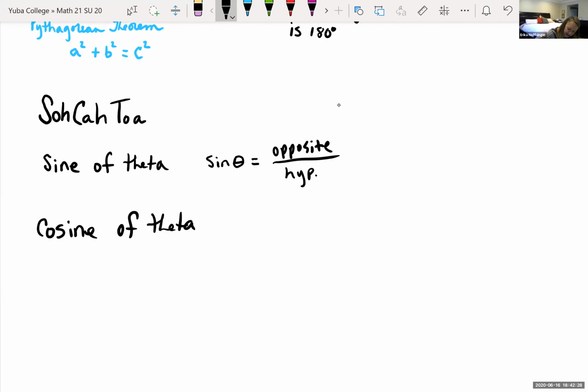Shorthand is cos, and you need to make sure that you put the theta there. If you don't put the theta there, it's technically wrong because it's of an angle. This is equal to the A, which is the adjacent side of the angle theta, all over H, the hypotenuse.